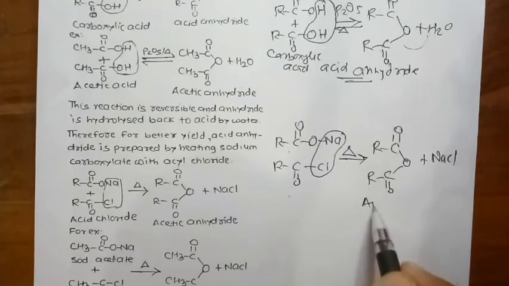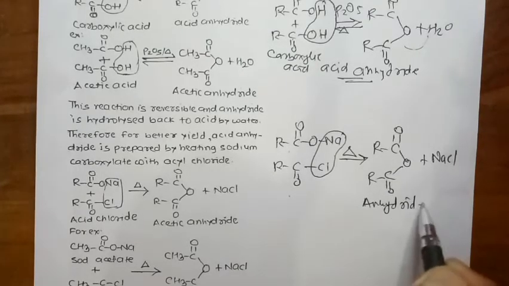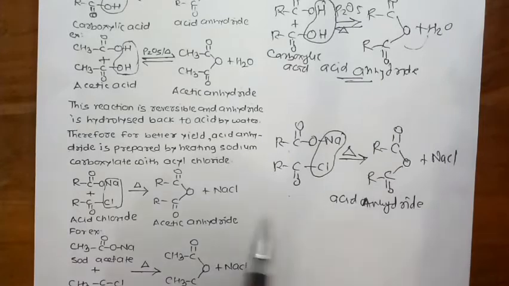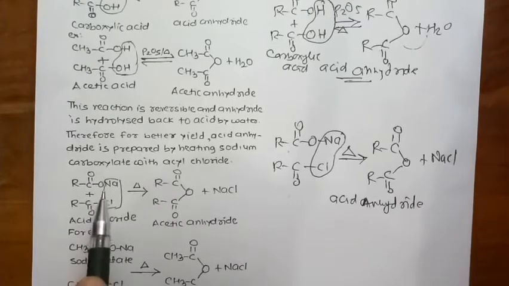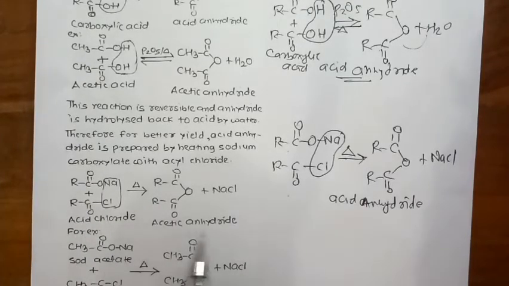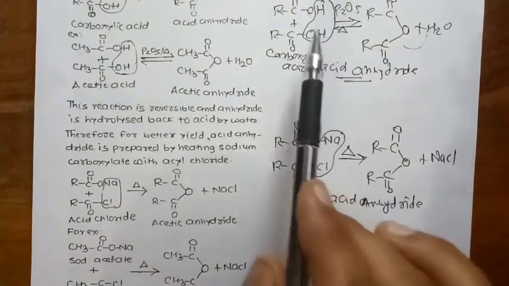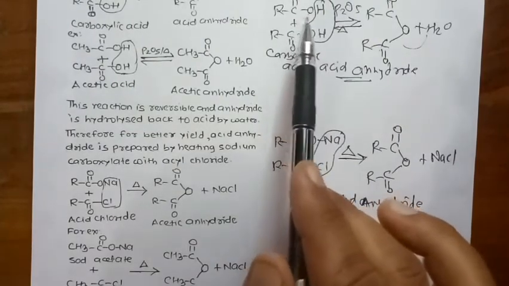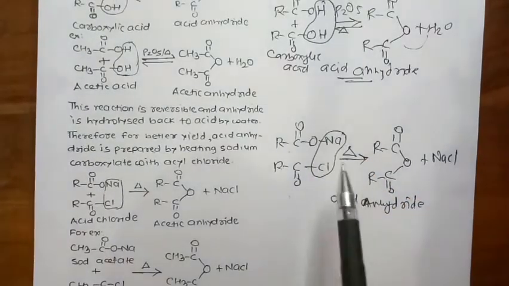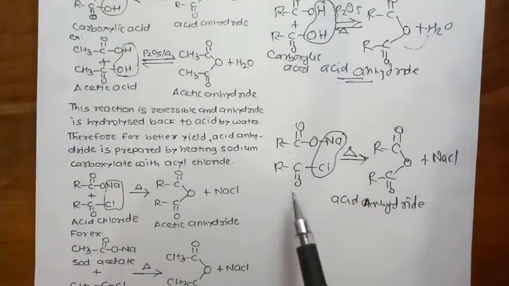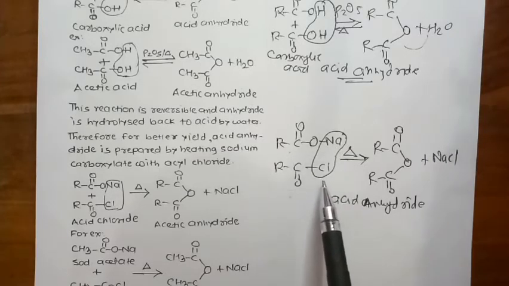Here again it is an acid anhydride. In this way, we can convert the salt of carboxylic acid and acid chloride into acid anhydride, and it gives a better yield than the first reaction, the reaction of carboxylic acids with P2O5.